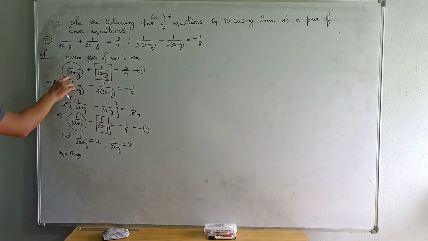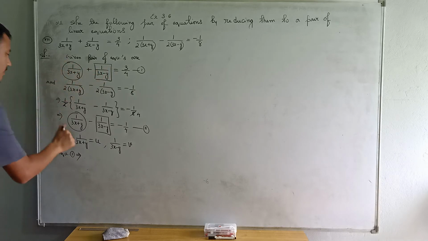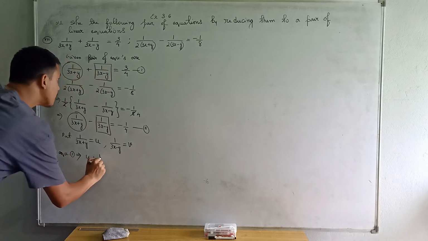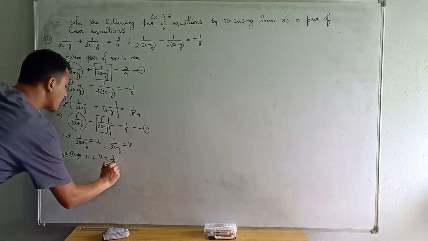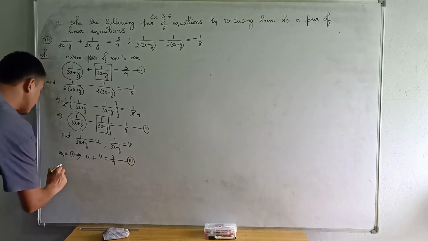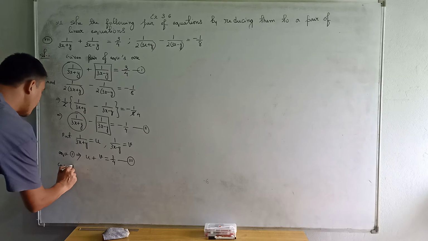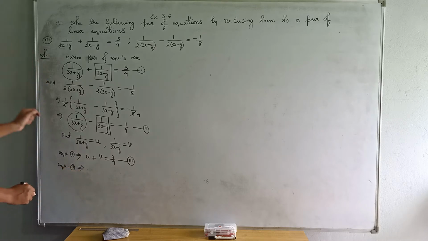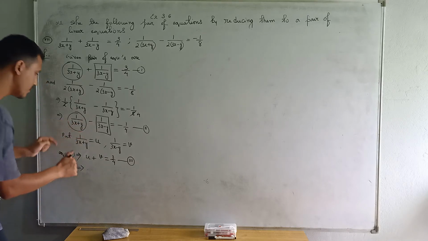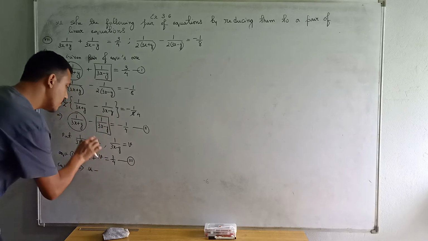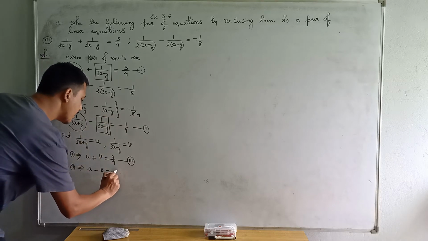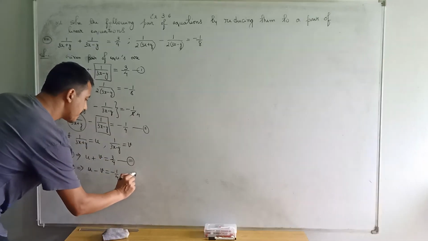Is it okay? Then your equation 1 becomes, what will your equation become? This whole thing is u, right? u plus v is 3 upon 4. We have a new equation. And your equation 2 becomes, this whole thing is u minus this whole thing is v is equal to minus 1 upon 4.